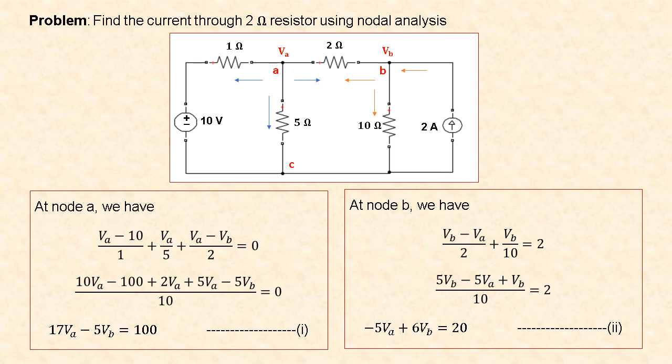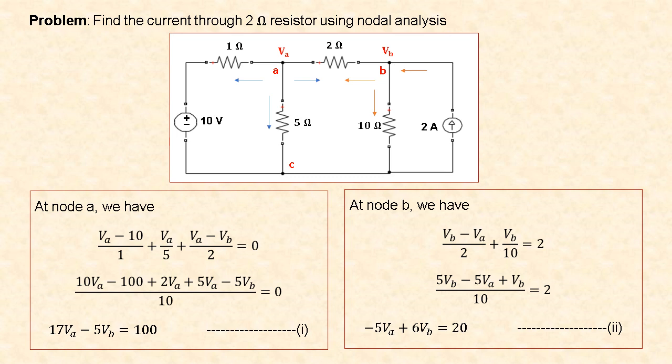At node A, since we are assuming the voltage VA is superior to all other voltages, all the currents here are leaving currents. The current through 1 ohm is VA minus 10 divided by 1. The current through 5 ohm is VA by 5. Similarly, the current through 2 ohm is VA minus VB divided by 2.